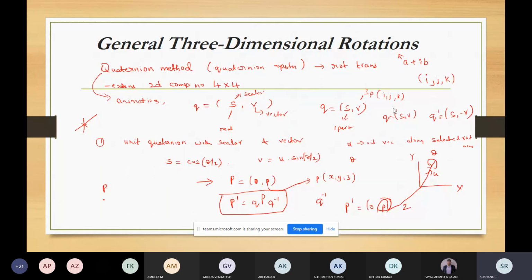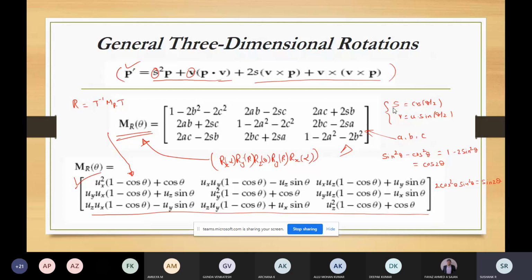This concept is used in animations. This is the technique they use in animations and also for rotating an object, and this quaternion method will be used.